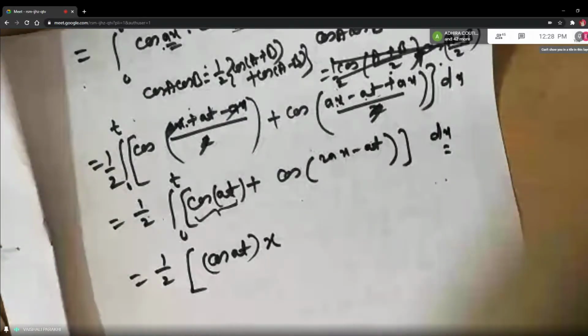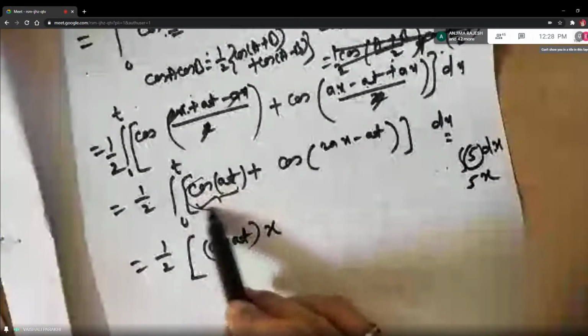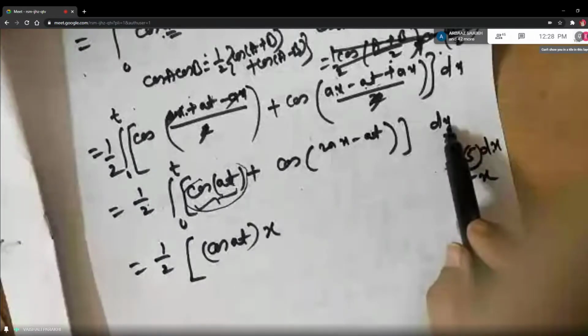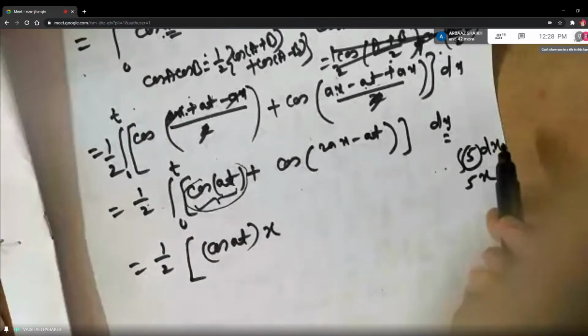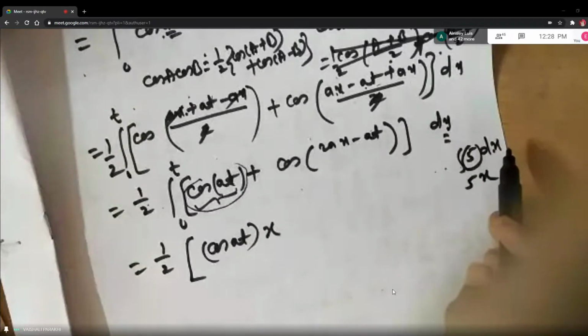This x is outside, okay? Because when you integrate any constant, for example, suppose I want to integrate 5. What is the integral of 5? 5 is a constant and the integral of dx is x. Yes or no? So in place of 5, you have this big term, but it is constant with respect to x. If you are integrating with respect to t, then your integral will be in terms of sine.